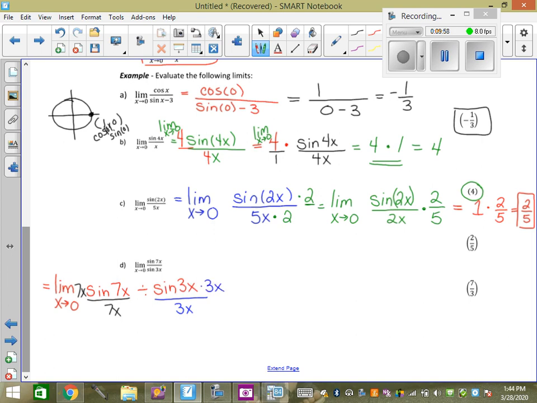Following along? Then we get the limit as x approaches 0 of 7x times sine 7x over 7x divided by 3x times sine 3x over 3x.